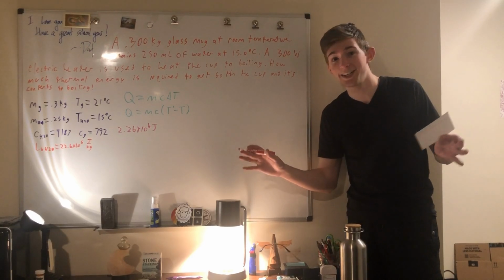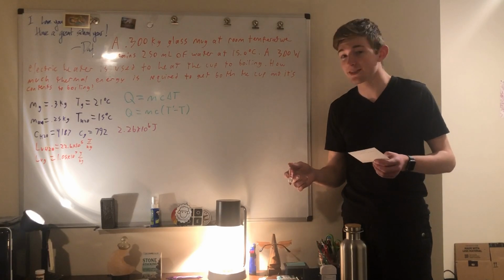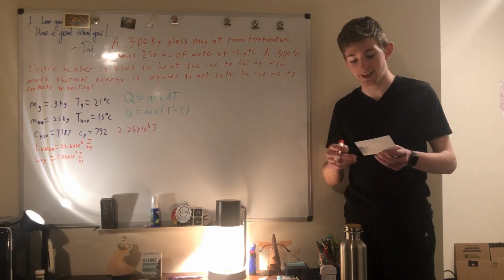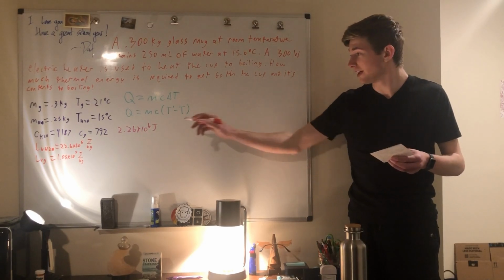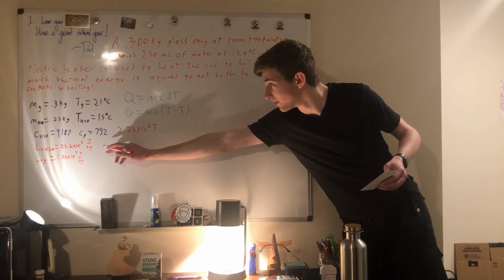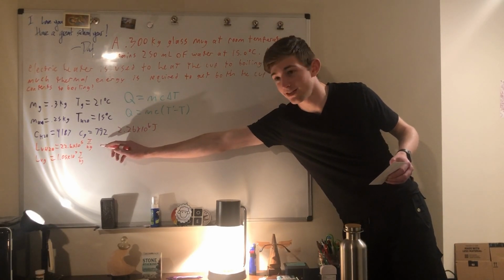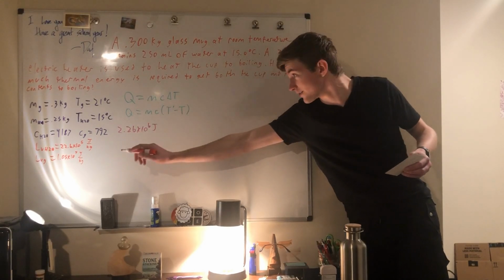I hope it's right, and ChatGPT gave me 1.05 times 10 to the 7 joules per kilogram, which seems reasonable, so we're going with that. Now, all we have to do is multiply out our masses, so we need to multiply out the mass of the water here to get rid of the kilograms, and the mass of the glass here to get rid of kilograms. We have our energy.